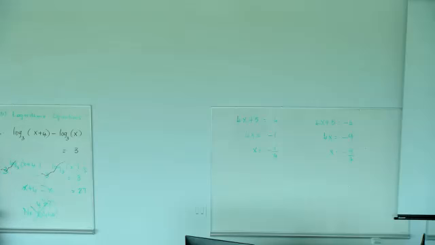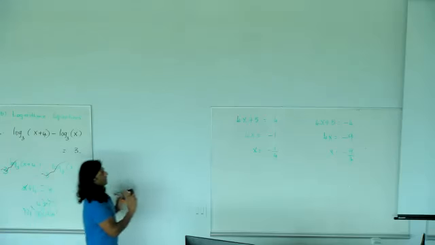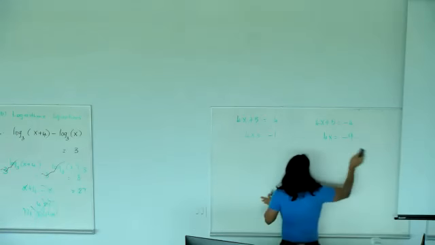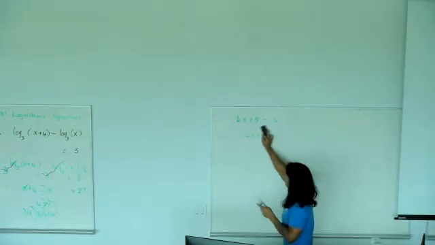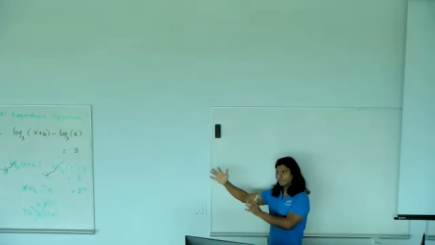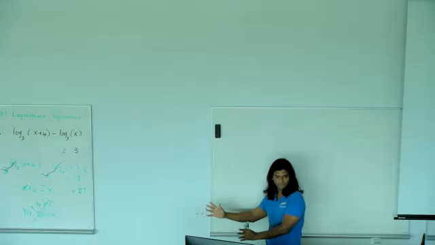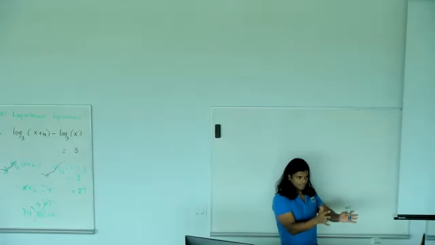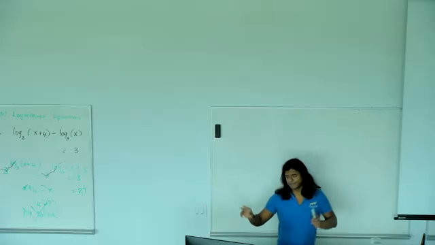Life's not that easy. You can't simply exponentiate things individually. We have to use a property, and it goes back to what I said at the beginning of class, the very first problem. You have to have a log by itself on the left-hand side, another term by itself on the right-hand side, then you exponentiate.